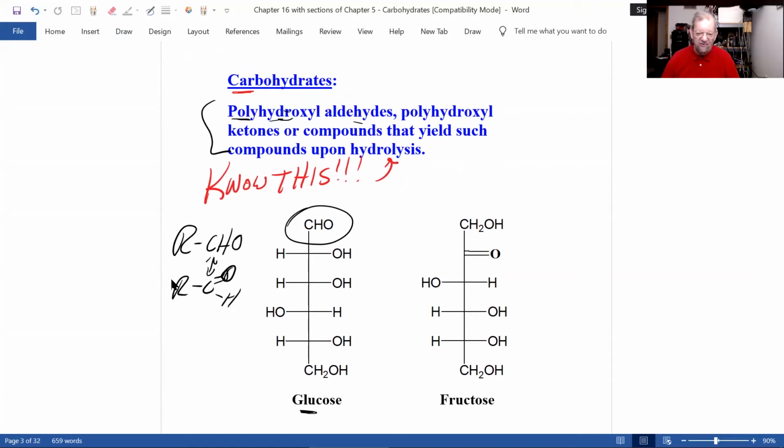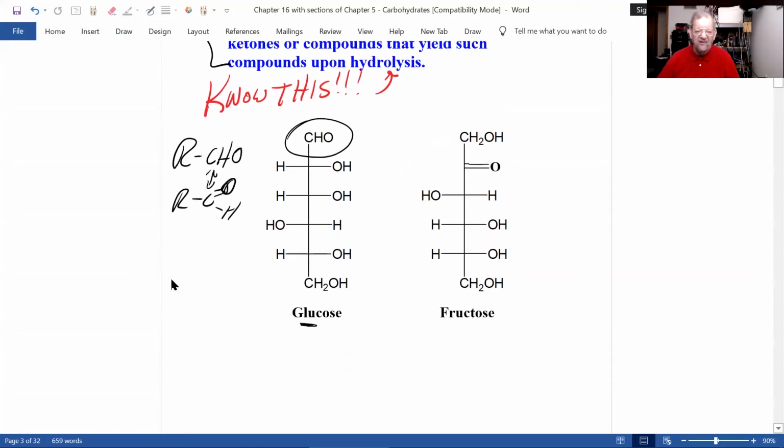So glucose has an aldehyde and has 1, 2, 3, 4, 5 hydroxyl groups on carbons, 5 alcohols. Well, in my book, that's many, poly, so glucose is a carbohydrate.